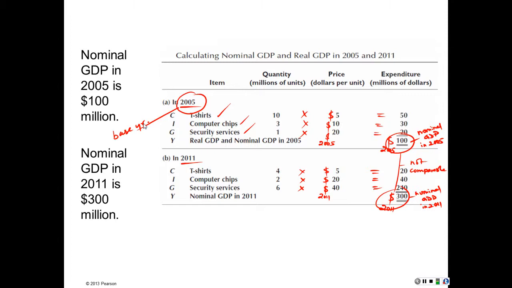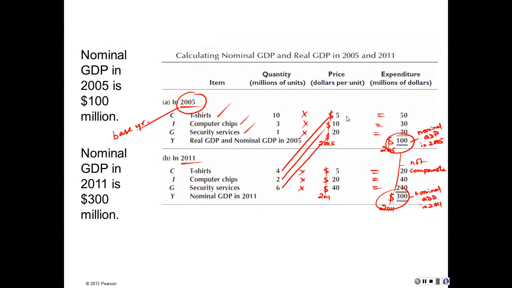We're going to use a common set of prices. Do you follow? So what are we going to do then? We are going to evaluate the 4, 2, and 6 using which prices? Using those prices.